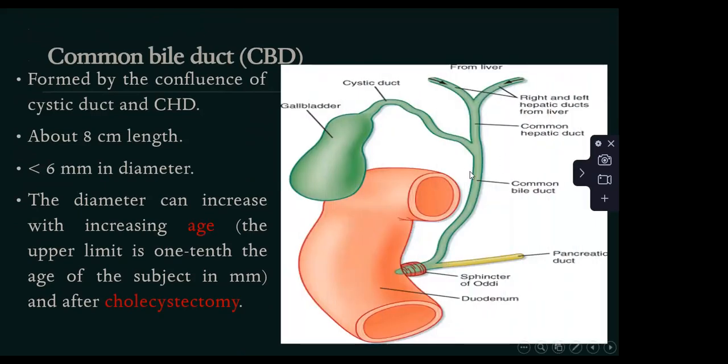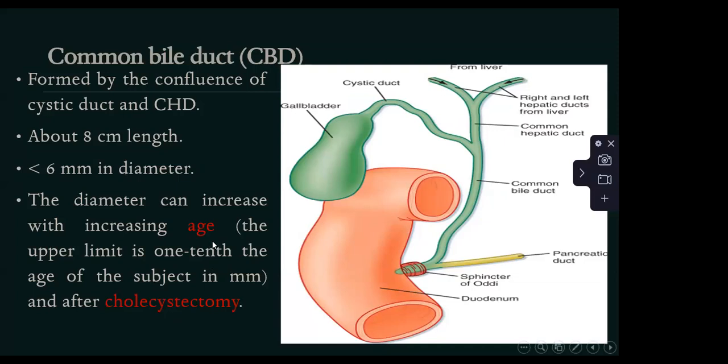The common bile duct is about 8 centimeters in length, and its average diameter is less than 6 millimeters. Over 6 millimeters, it is regarded as pathological. However, it can be more than 6 millimeters in a normal person, with increasing age or after cholecystectomy.